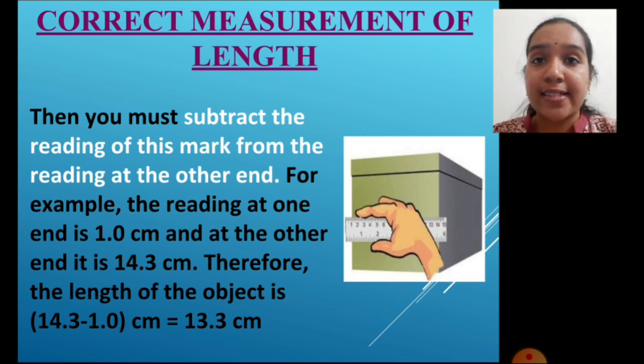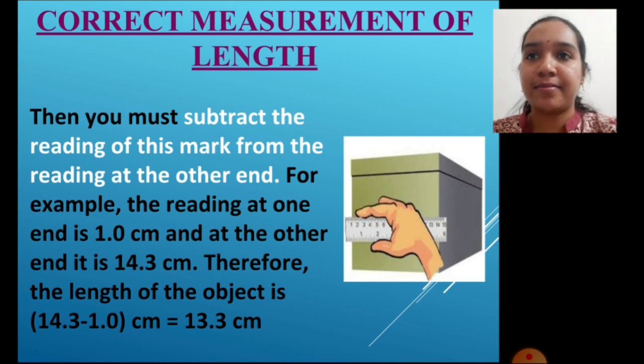But for the exact length of the object, we have to subtract the reading from the marking where we have started. So here we have started from 1. That's why we will subtract 1 from 14.3 centimeters. Then the result, the measurement of the object, will be 13.3 centimeters.